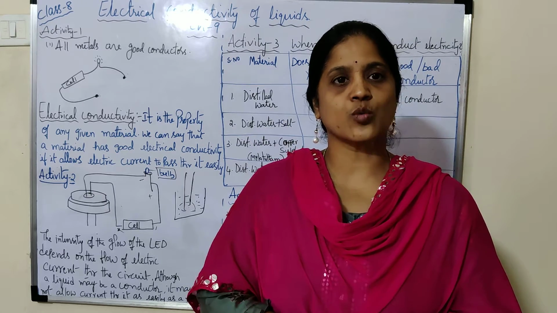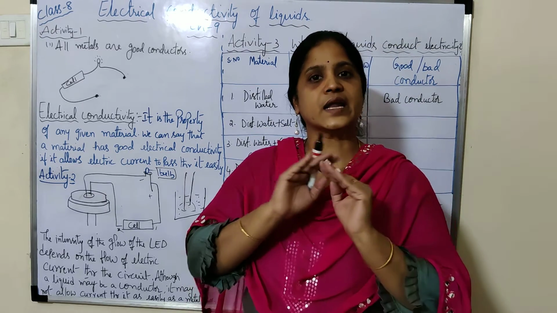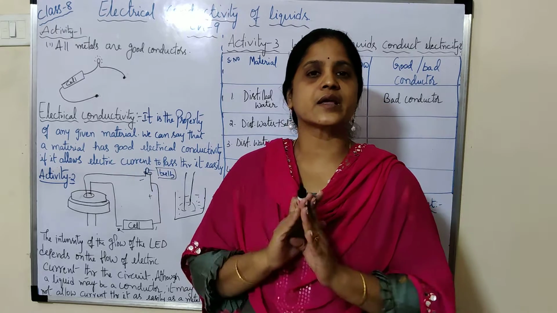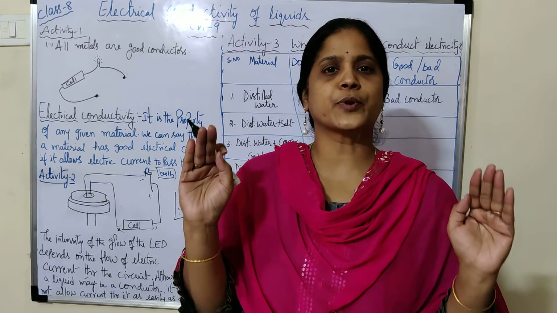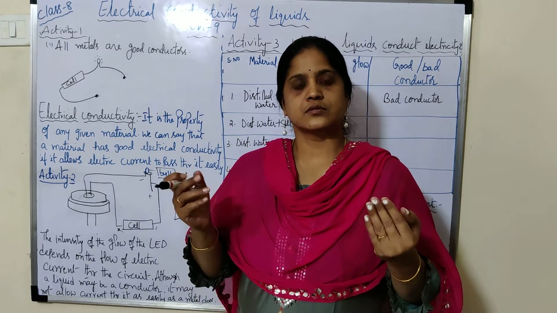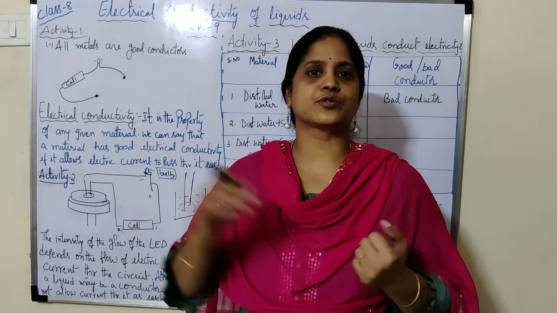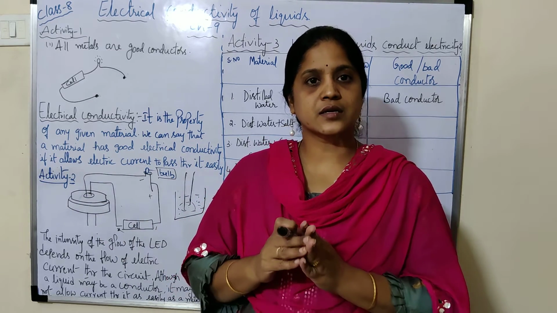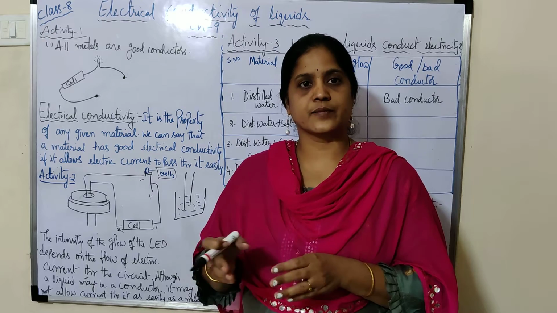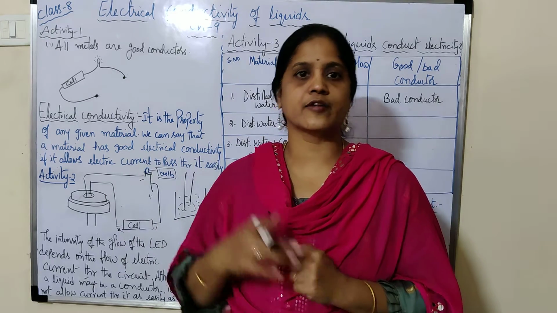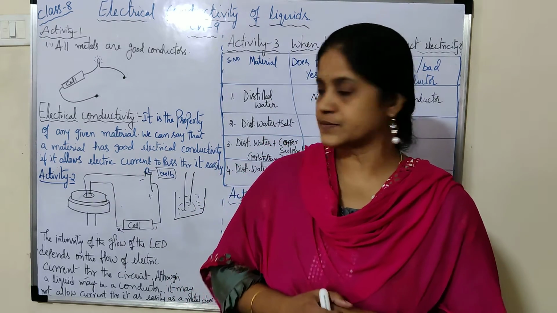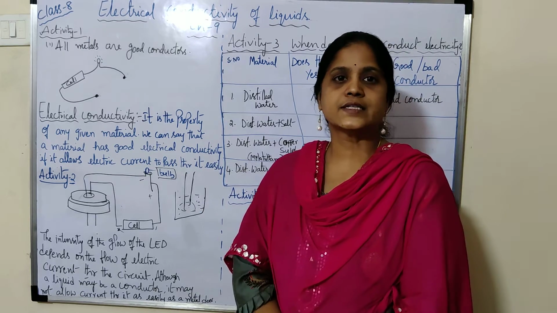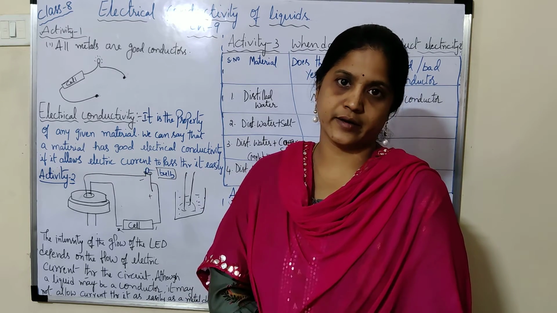Distilled water does not contain any minerals, salts, or acids. It is pure water. To flow the current through a liquid, these particles are needed. Due to that only, electric current flows through the liquid. So that's why distilled water is a bad conductor.